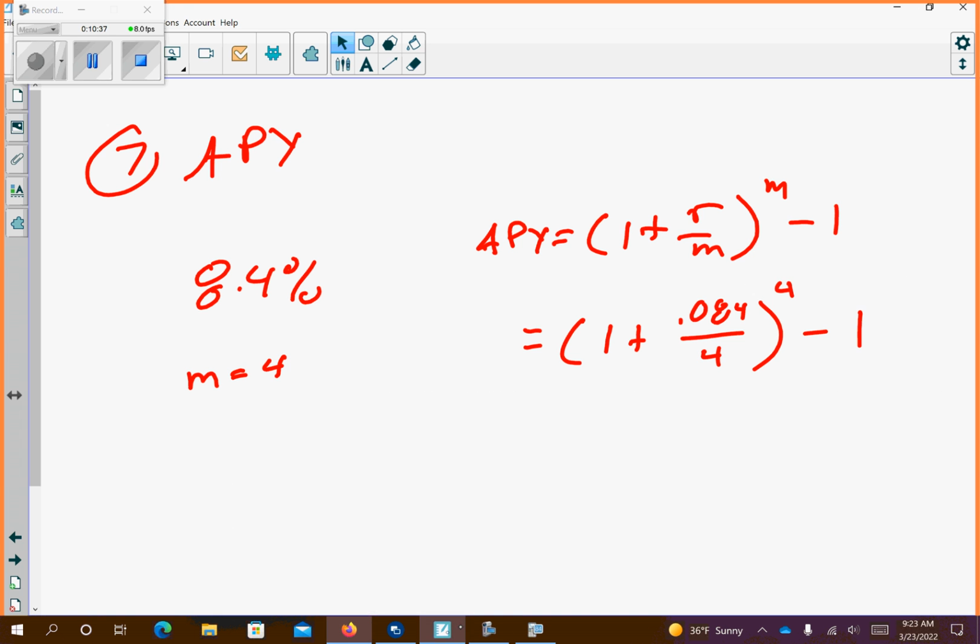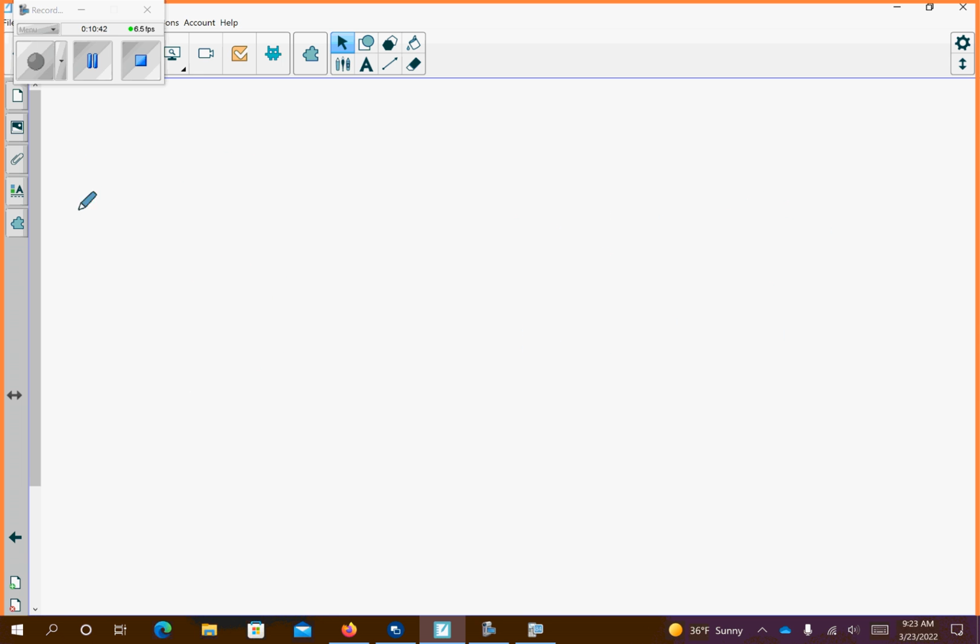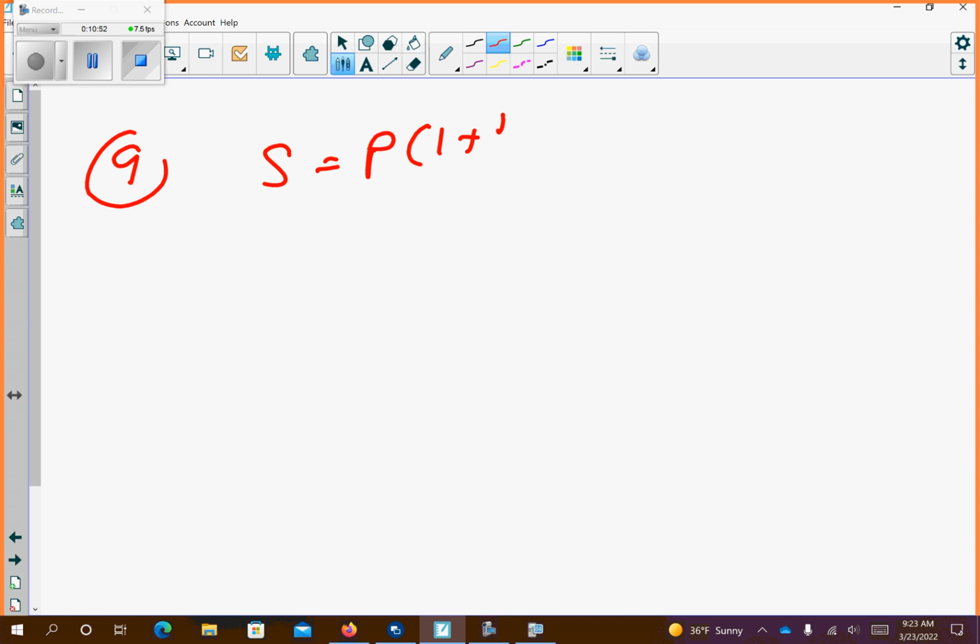So just so you know, on number 9, for some reason my computer is being a little finicky. You're going to use this equation. Reinvested dividends at the end of 93, compounded annually.